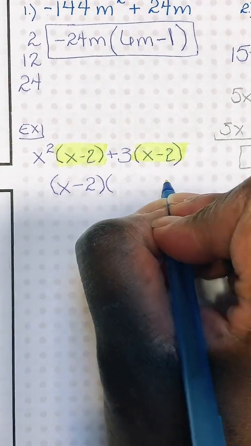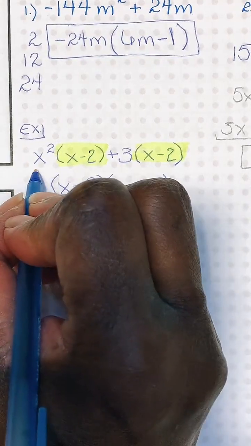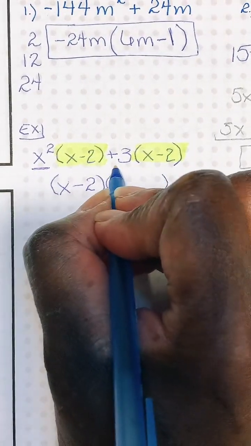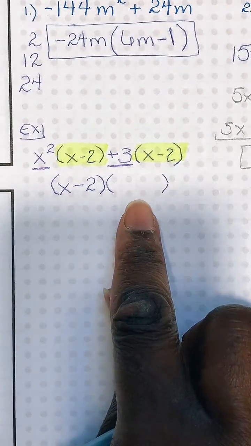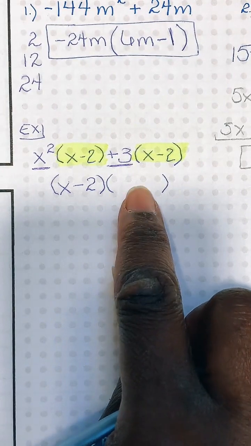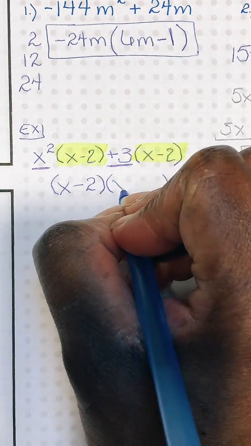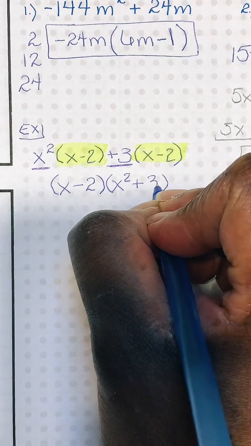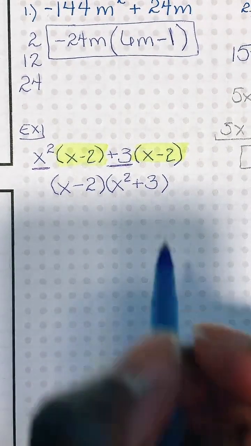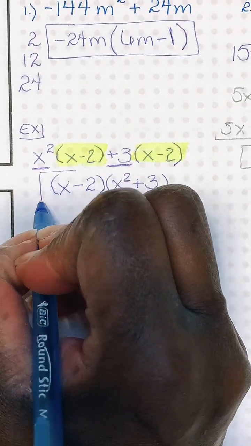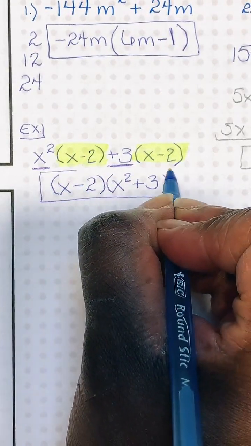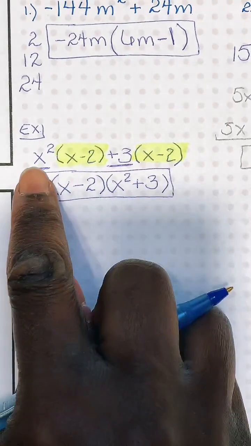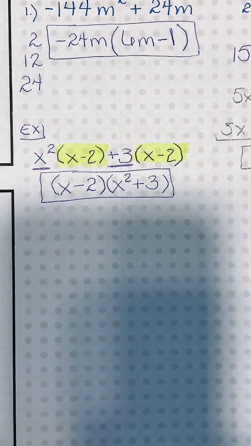And what remains, what is not inside of a parenthesis, I'm going to put inside its own parenthesis. So that's my x squared and my plus 3. This is the complete factoring of this expression.